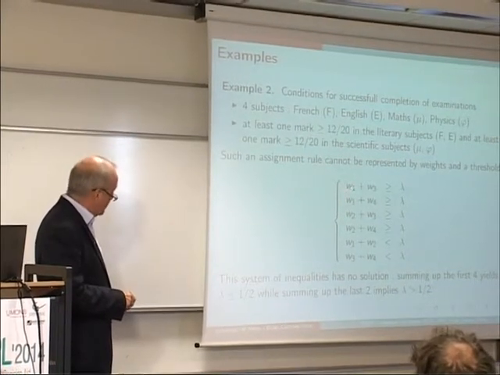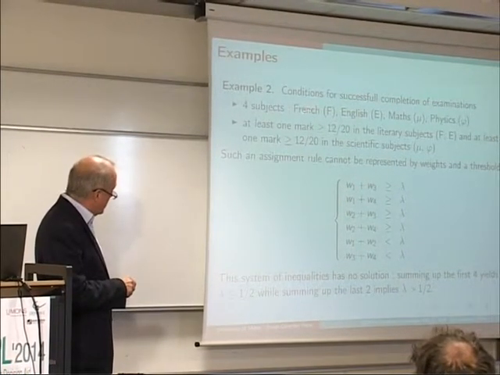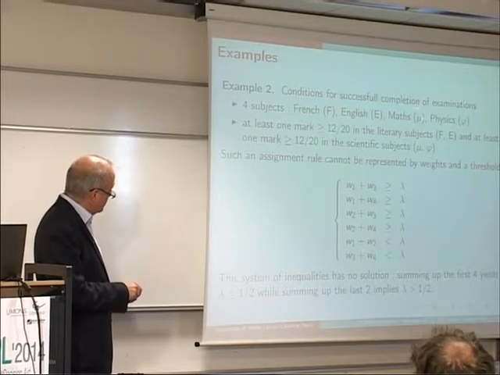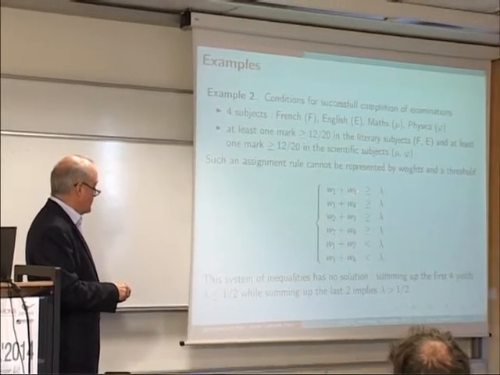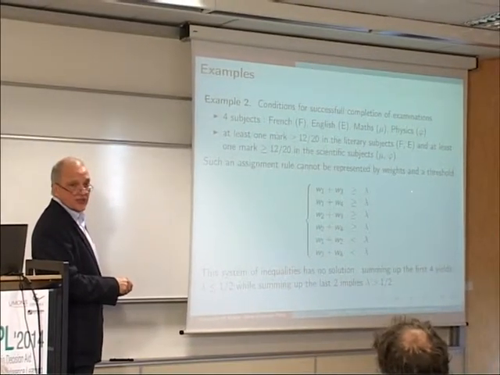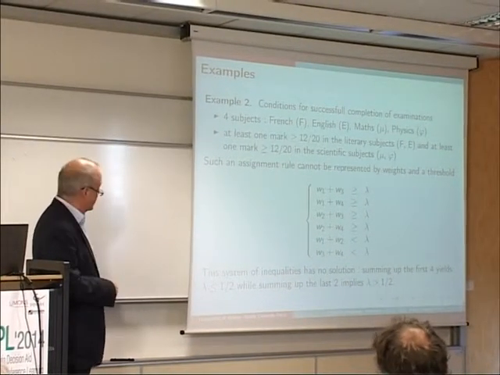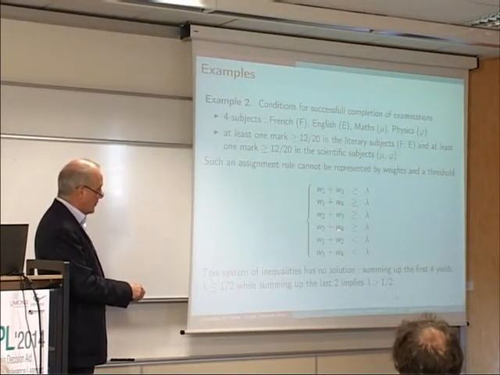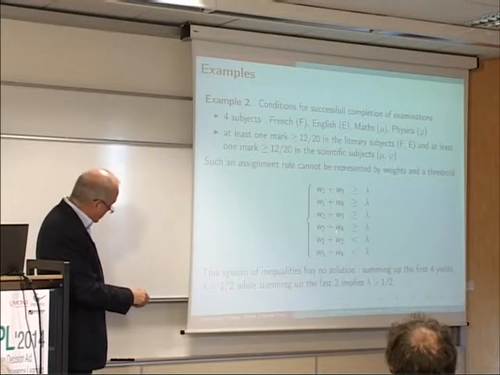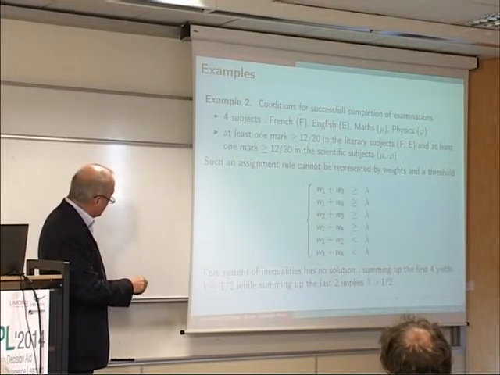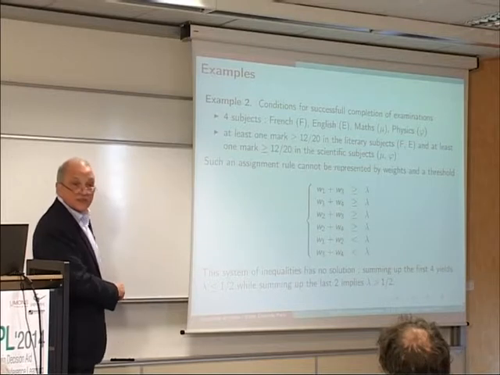If you number these 1, 2, 3, 4, then you have W1 plus W3 must be larger than lambda to succeed, or this, or this, or this. And these ones are not sufficient because here you are good in French and English, but it's not enough.